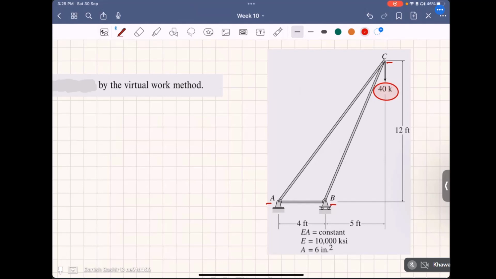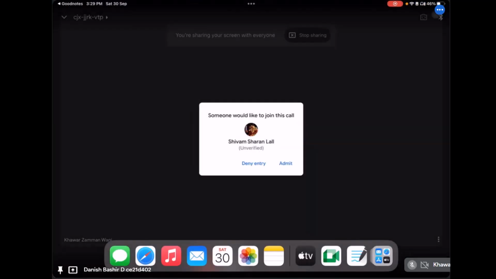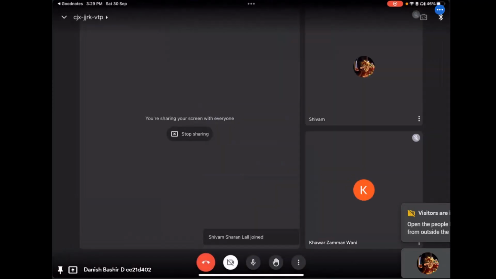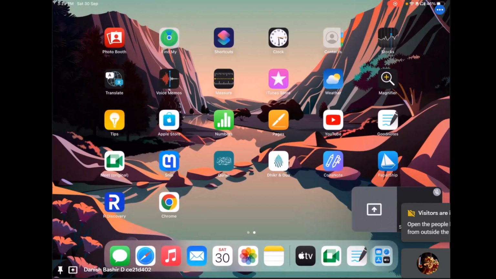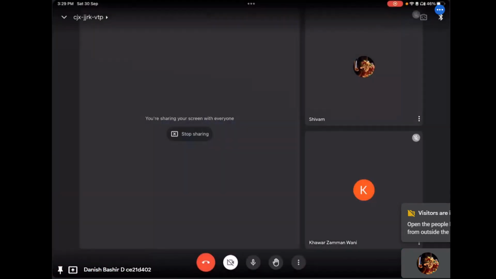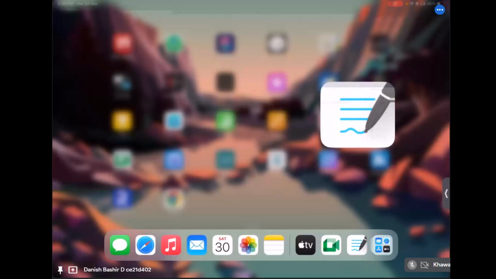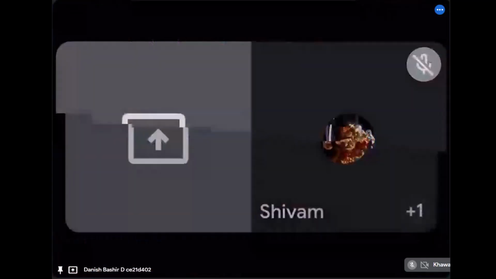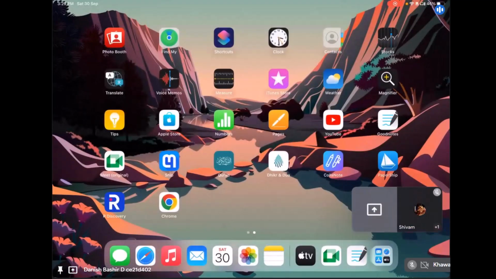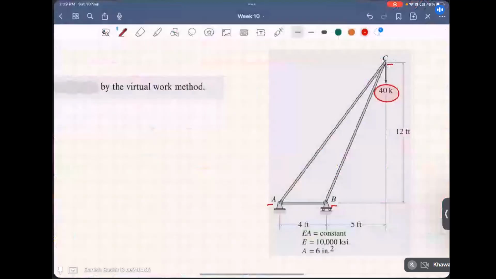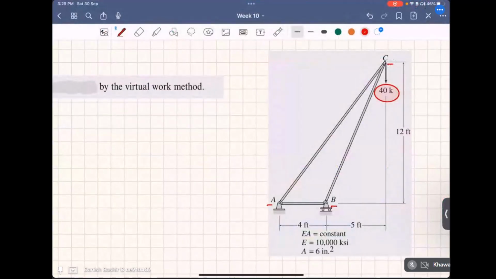Because of this, there will be deflections caused in our truss structure. So we have to compute that deflection.